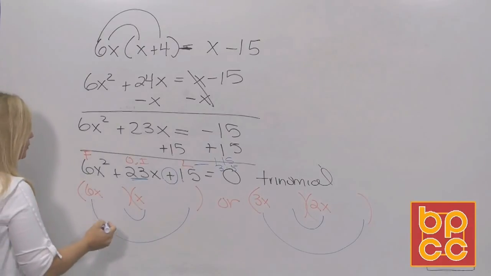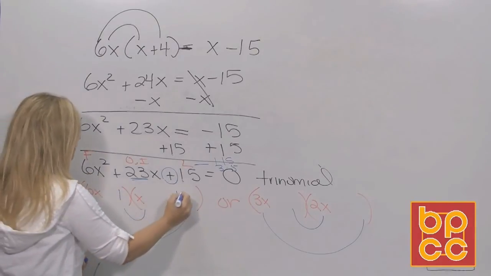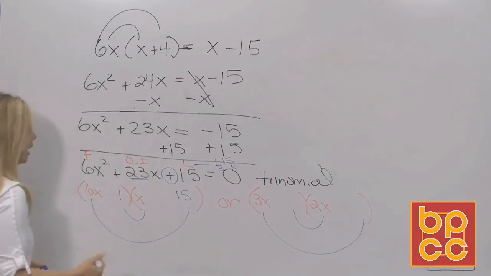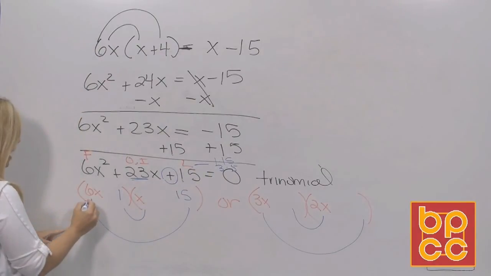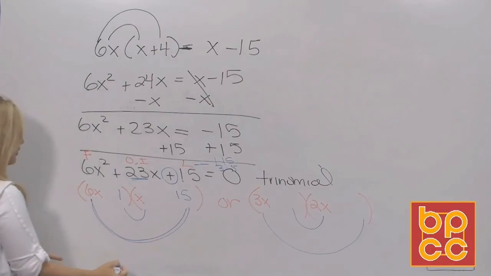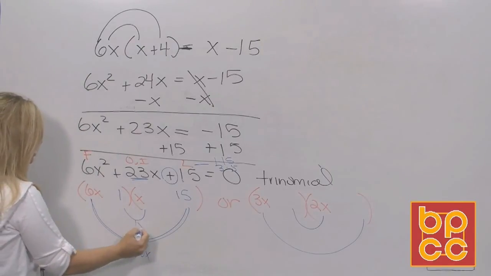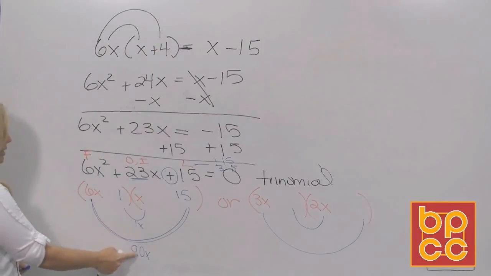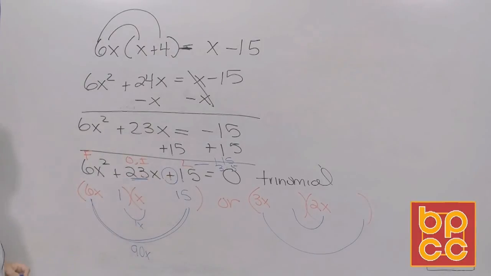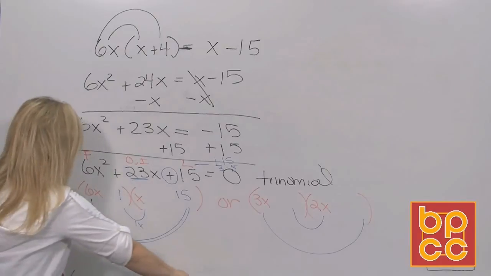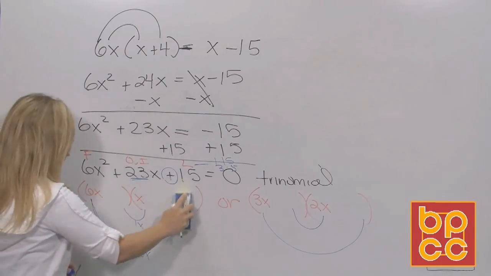So watch. If I put a 1 here and a 15 here, let's see if I'm right. Well, if I check my outers, 6 times 15 is 90x. 1 times x, the inners is 1x. Will 1x and 90x add to 23? No, it will not. So that means maybe I have the numbers in the wrong spot.